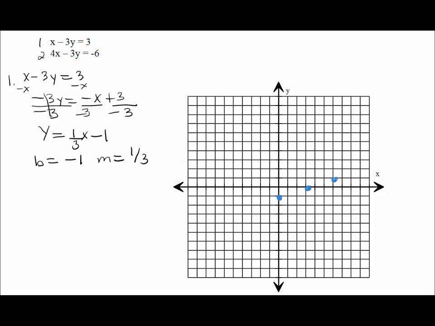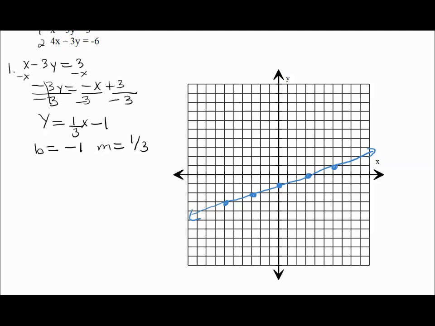Now if I wanted to move down, I'd move down and to the left 1, 2, 3. I think I'll do one more. Down 1 over 1, 2, 3. It's another point. Now I'll draw my line through, straight as possible. Okay. Let me move this up just a smidge.